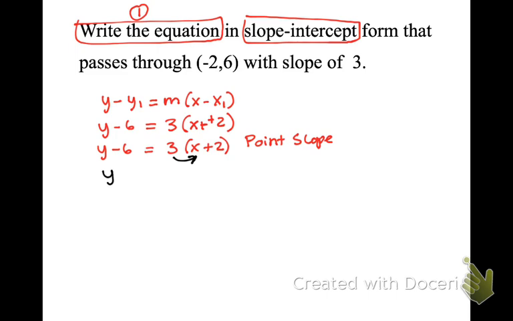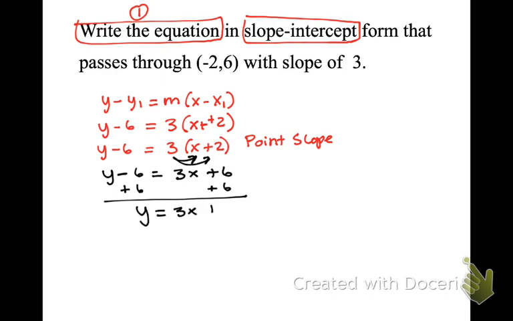So I get y minus 6 equals 3x plus 6. Okay? I'm going to add 6 to both sides. And now I have y equals 3x plus 12. What's that called? This is the slope-intercept form.